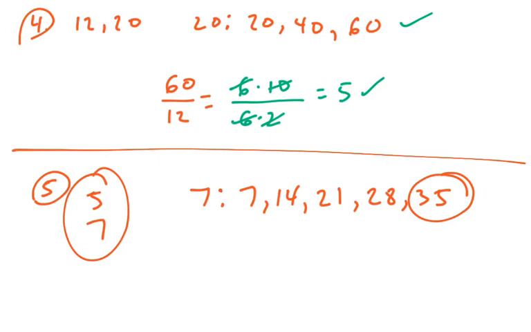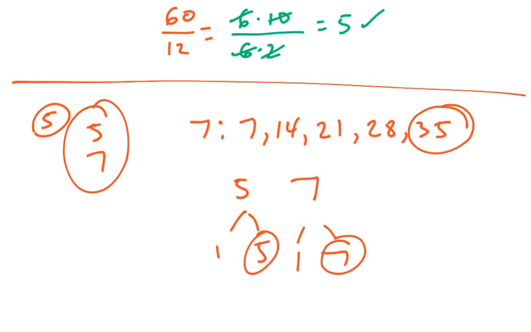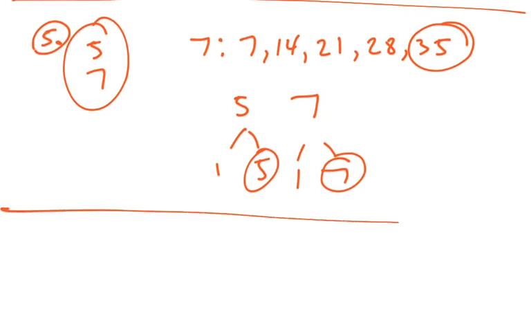So it makes sense. Even if you were using the prime factorization method, you're just 1 and 5, 1 and 7. We're not even going to consider 1, so you know it has to be 5 times 7. So if you understand what LCM really implies, then obviously if you have two prime numbers, the LCM is going to be the product of the two. So keep that in mind as well.